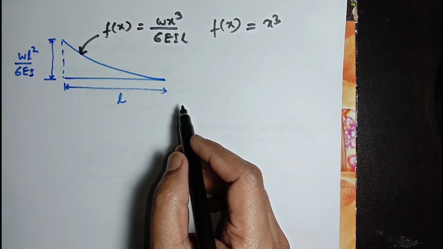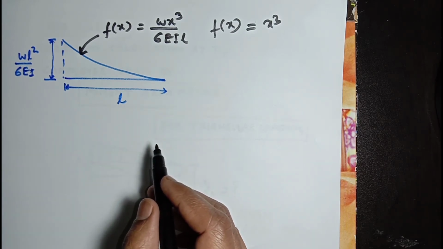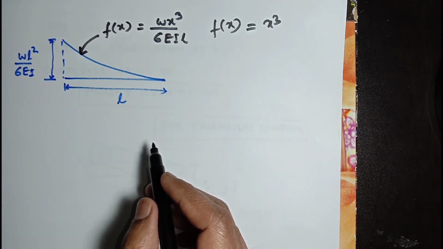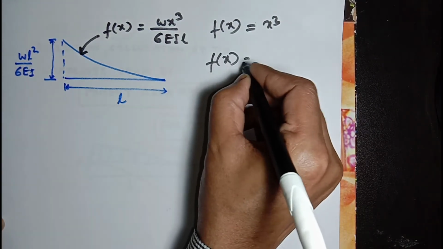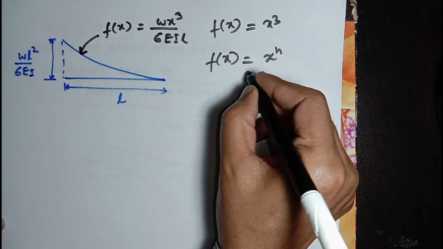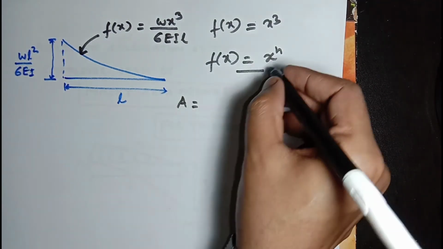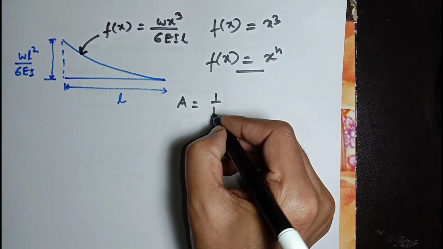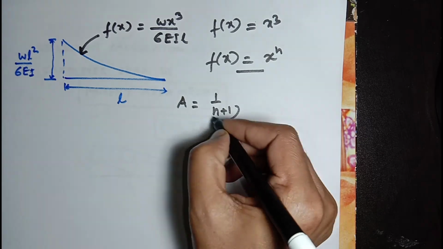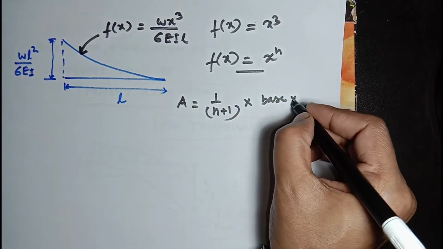In my previous lecture I gave you a general formula for finding the area of any curve which is a function of any power from 1 to n. If the function is x to the power n, then the area of the curve is 1 divided by n plus 1, multiplying base with height.